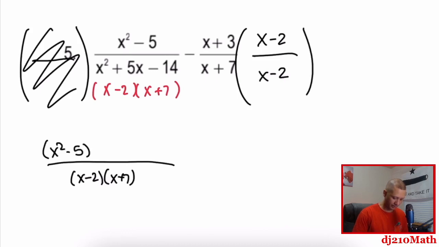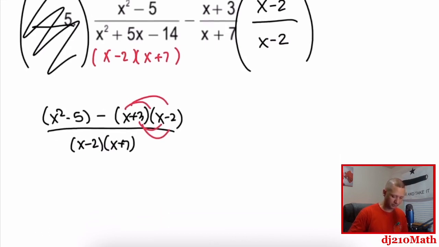x squared minus 5 minus x plus 3, x minus 2. So here we're definitely going to have to FOIL this out, distribute, and then combine like terms.